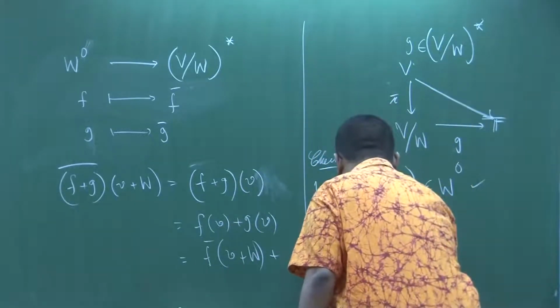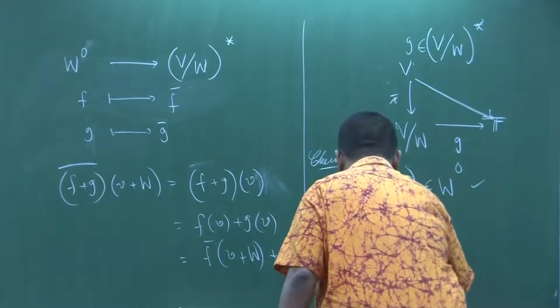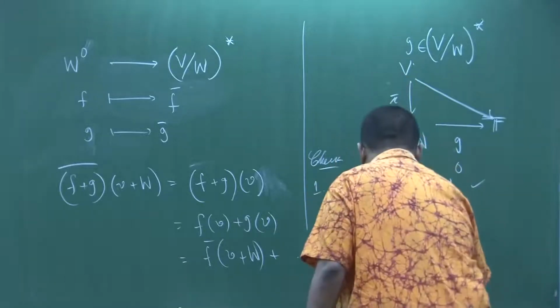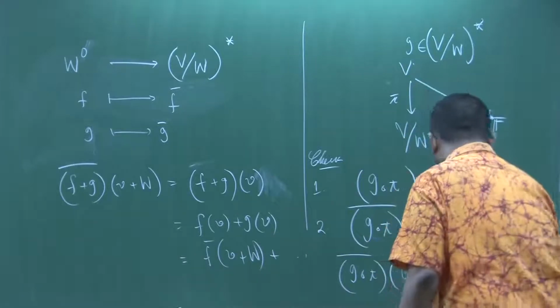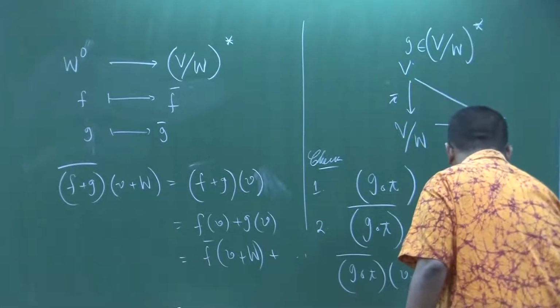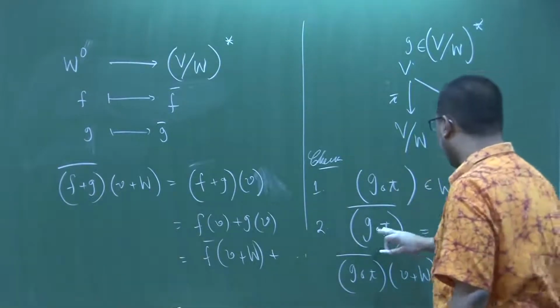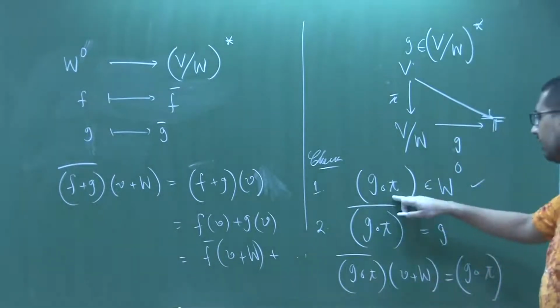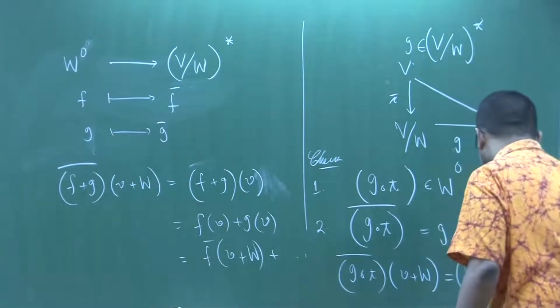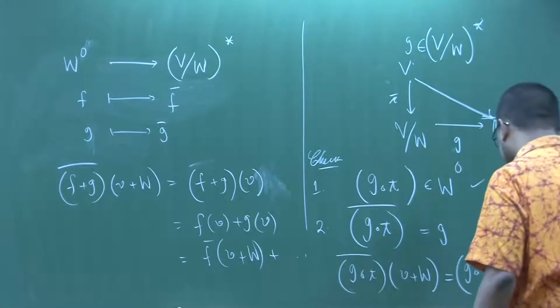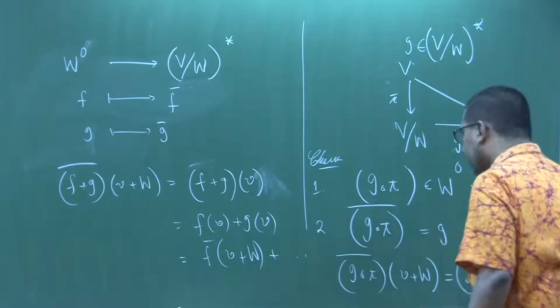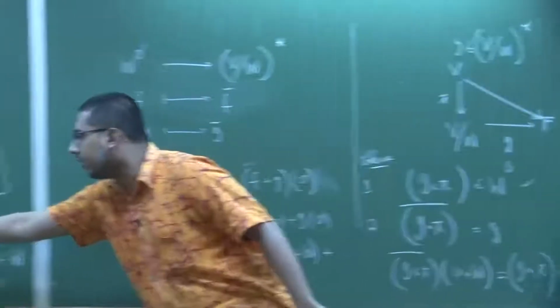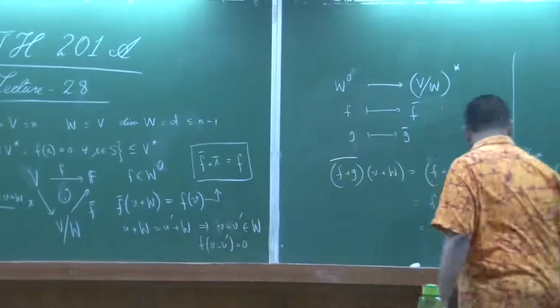For g compose pi, according to the definition, (g compose pi) bar of v plus W is g compose pi of v, because for any f lying in W naught we have defined it that way, and I have already proved this lies in W naught.